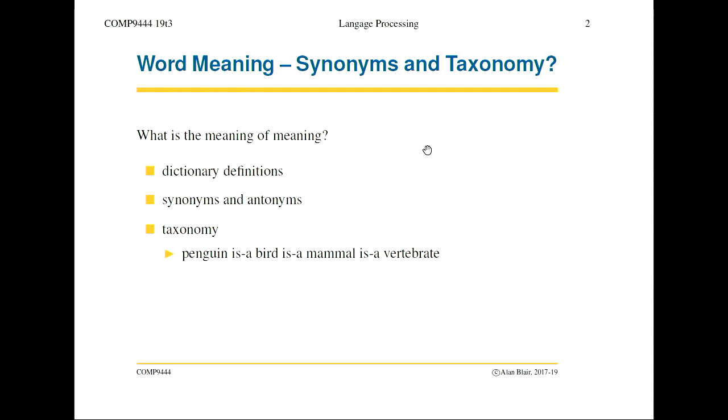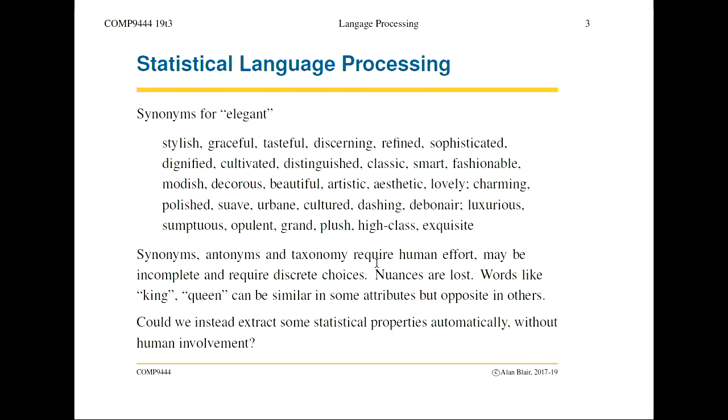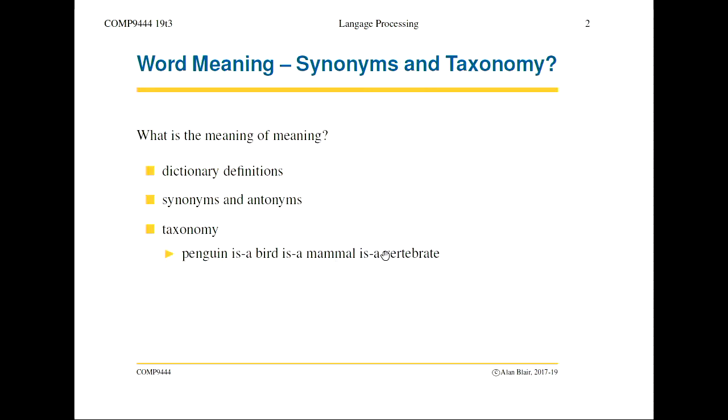Synonyms are words that have a similar meaning, and antonyms are words that have an opposite meaning. And then you can look at taxonomy. A taxonomy or an ontology is like: a penguin is a bird, and a bird is a mammal, and a mammal is a vertebrate, and so on. So you get these kinds of hierarchies of one thing being another. These are traditional ways of looking at language.